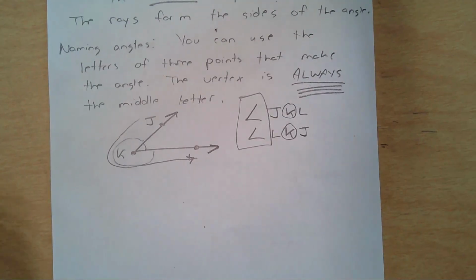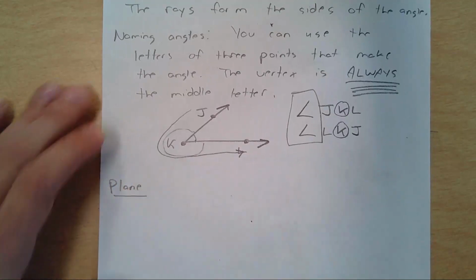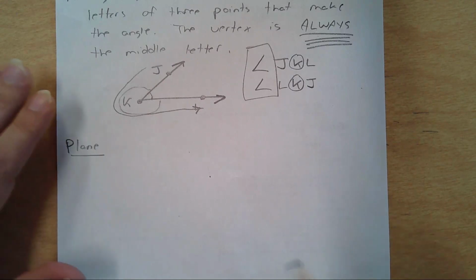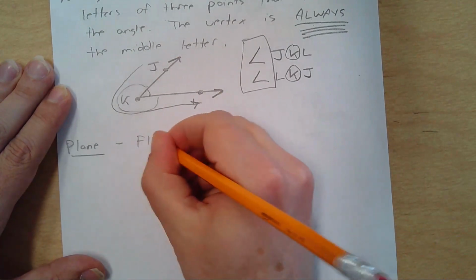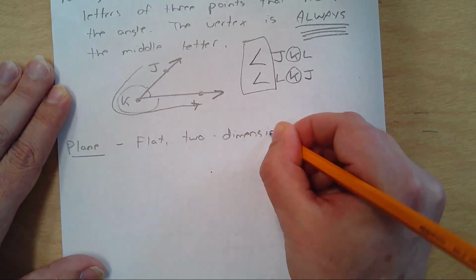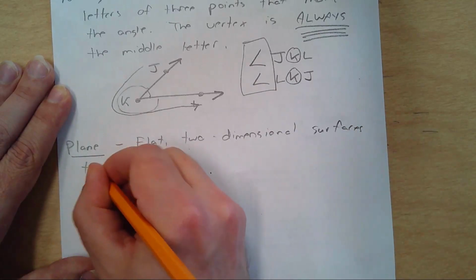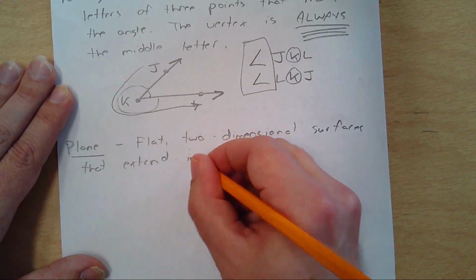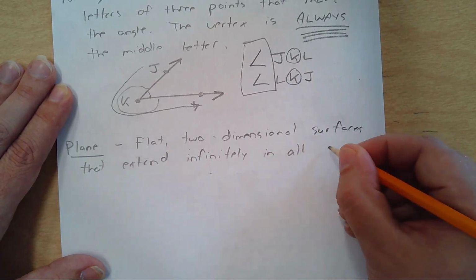Okay, here we go. Plane. All right, so planes are flat, two-dimensional surfaces that extend infinitely in all directions.